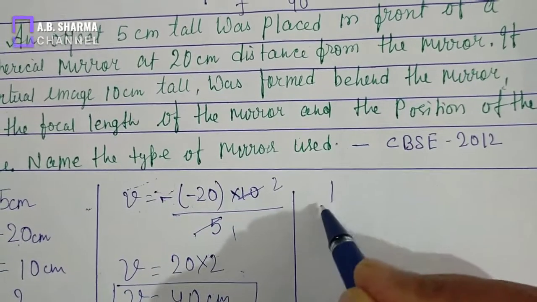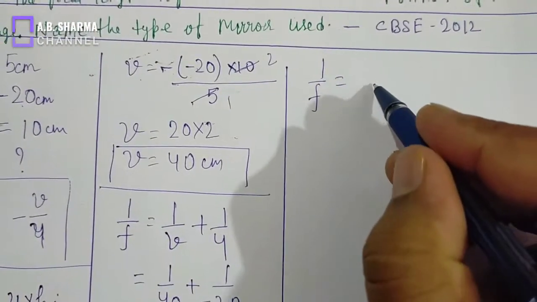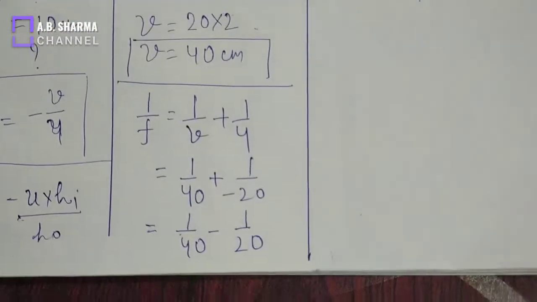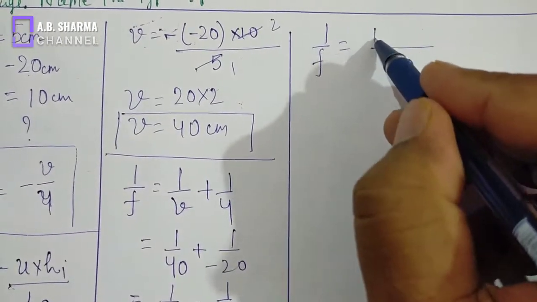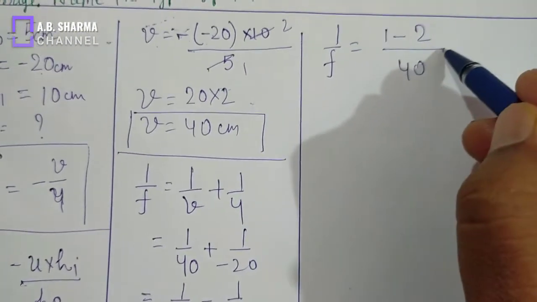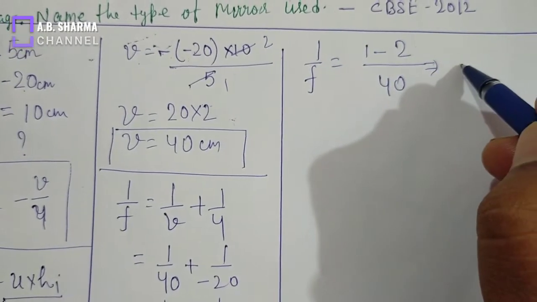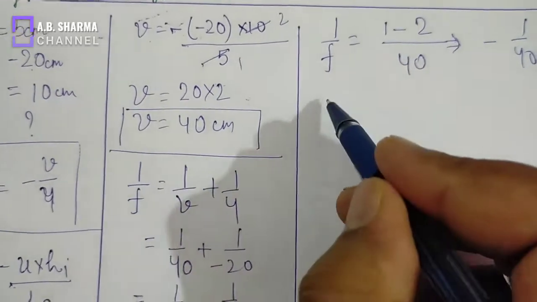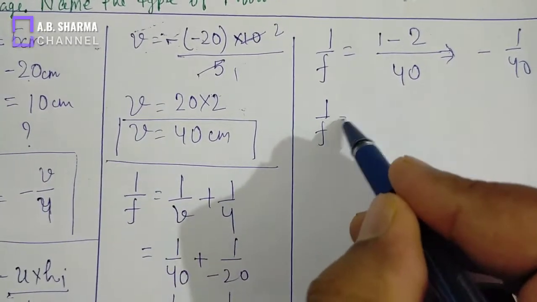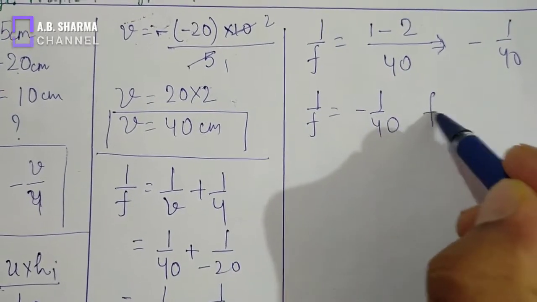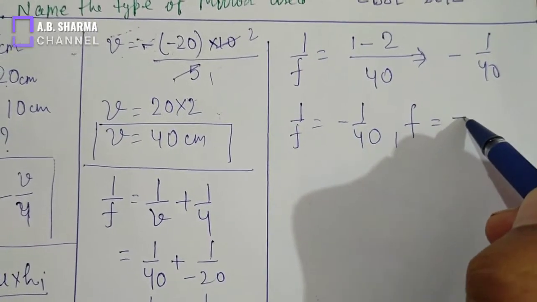So 1 over f equals to 1 over, equalizing the denominators, 40, and this is 1 minus 2. So this will become minus 1 by 40. 1 over f equals to minus 1 over 40, or f equals to minus 40.